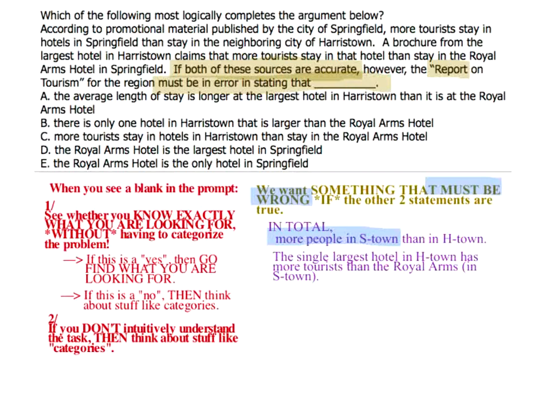But there is a place in S-Town that doesn't have as many people as a place in H-Town. So what do we know for sure? Meaning, let's flip this statement around: the Royal Arms by itself doesn't have as many people as this other H-Town hotel does. By itself, the Royal Arms has fewer tourists than the number one hotel in H-Town.